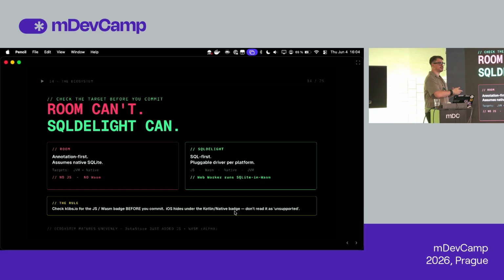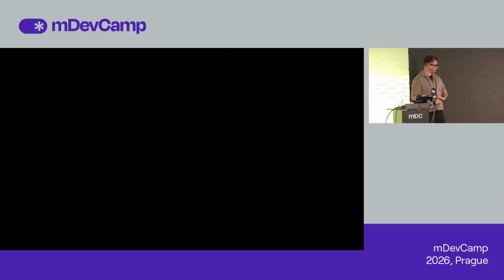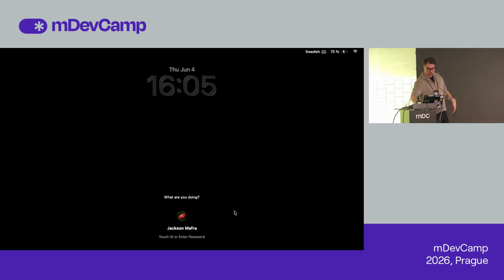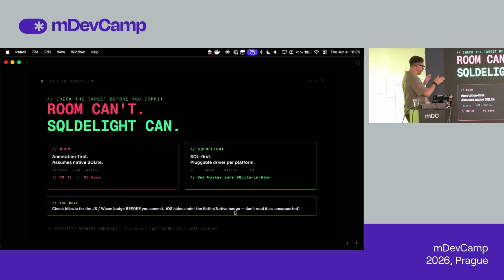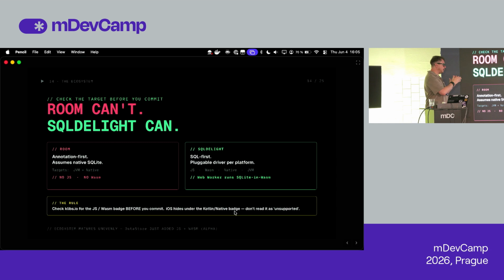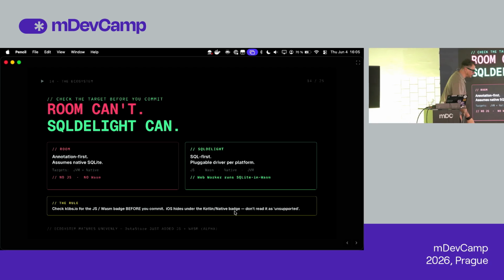So before you choose the target, you need to list what dependencies you have and what will happen in this migration. There's this site, klibs.io, that has all the libraries supported for Compose Multiplatform and Kotlin Multiplatform.